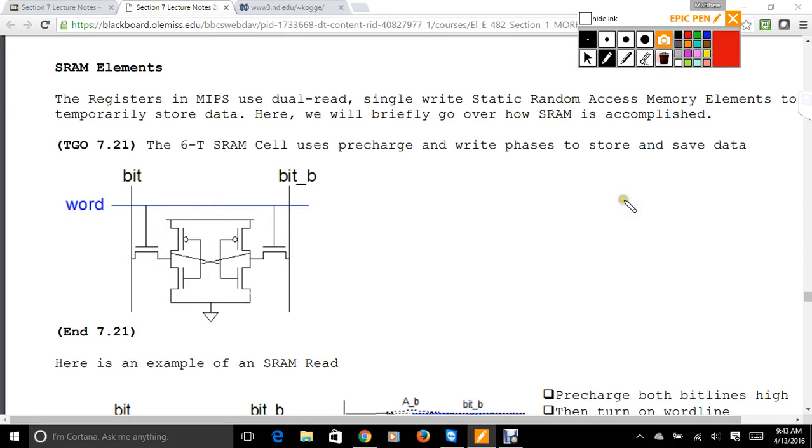So what's going to happen here is you got a word line, right? And so we know that NMOS transistors are activated when we have a 1 on the input. So when word goes high, both of these are activated. And so bit and bit bar are opposite.